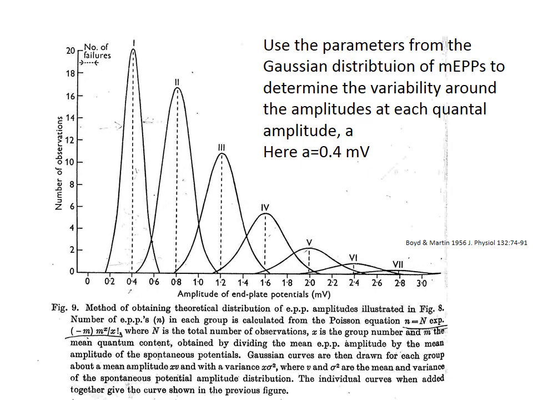And this just shows you how the Gaussian distribution is applied to each of those peaks of the predicted amplitude in order to get the previous.